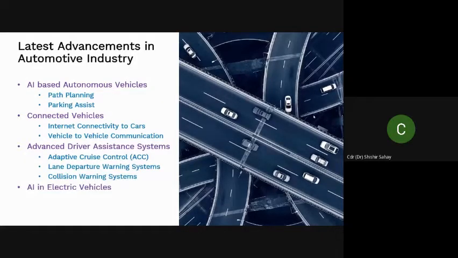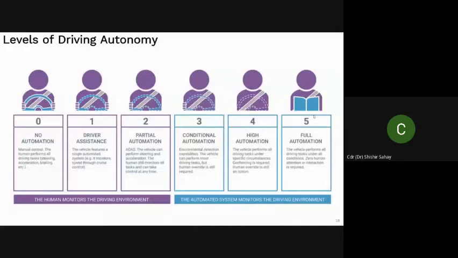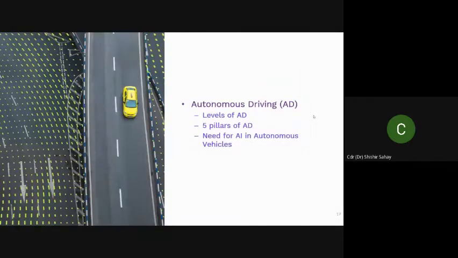There are so many ADAS systems. I will just show you three of them, right? And then we will go ahead. And as I mentioned, Trilochan will handle the latter part of this discussion. It's very important for me, for going ahead, that I should tell you what are the levels of autonomy. And having spoken about that, I'll talk to you about the 5 pillars.